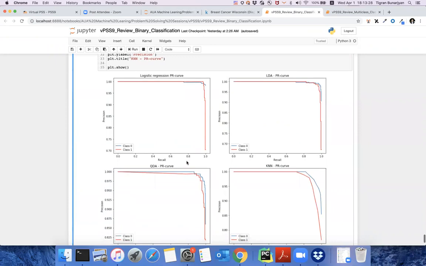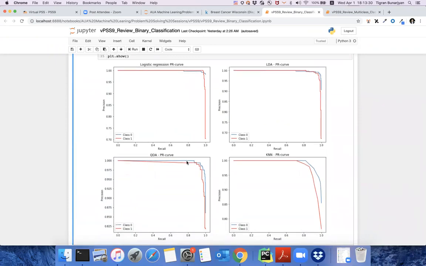So here, as a conclusion, we can state that out of these four, logistic regression was the best performing model, although the other ones were not so bad. And we can also move on using the best three models.